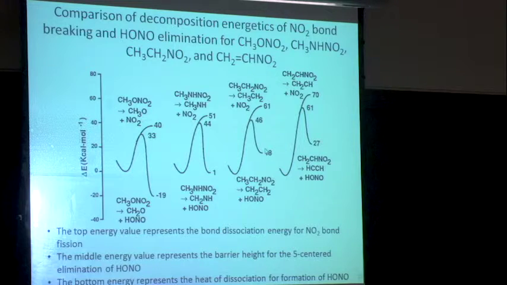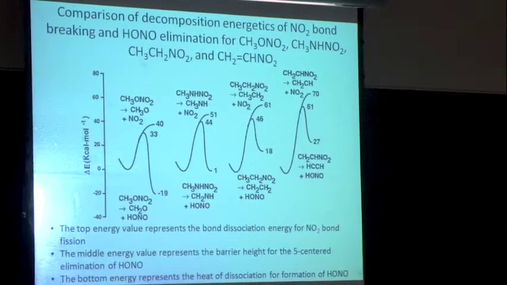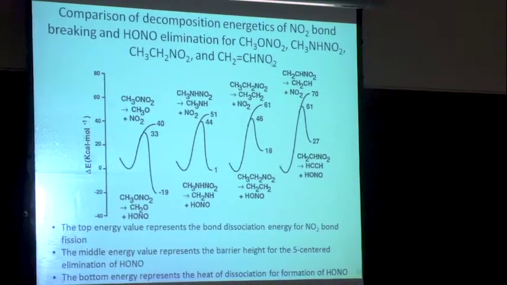Okay, so let me show you now an example of how the HONO elimination reaction I mentioned can be competitive in the system as well. This is a potential energy diagram, as a function of the reaction coordinate, of the energetics for the reaction to proceed. I'm looking at four cases here: methyl nitrate, methyl nitramine, nitroethane, and methylene nitramine.